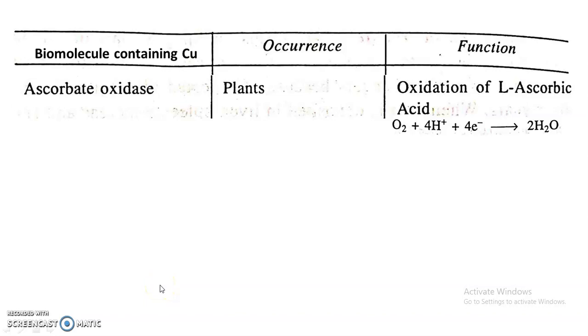Now next is ascorbate oxidase, or ascorbic acid oxidase. It is a plant enzyme containing copper and it catalyzes the reduction of oxygen to water. For example, when oxygen comes in contact with ascorbate oxidase, it is reduced into water.